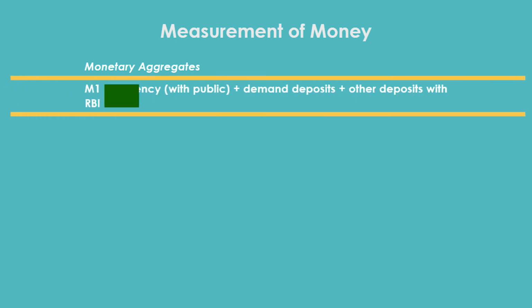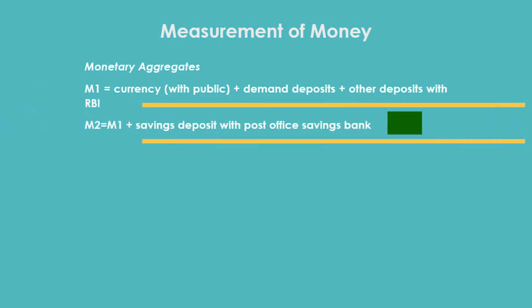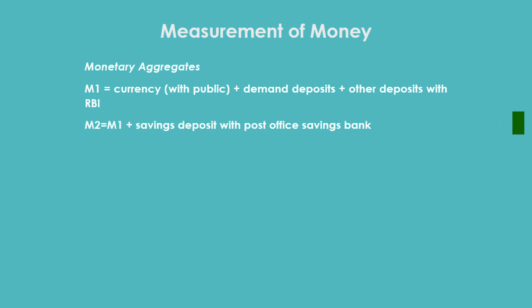Now, if we look at the definitions of these closely, we find that M1 is nothing but the total currency in circulation with the public plus the demand deposits plus other deposits with the RBI. M2 is equal to M1 plus savings deposits with the post office savings bank.